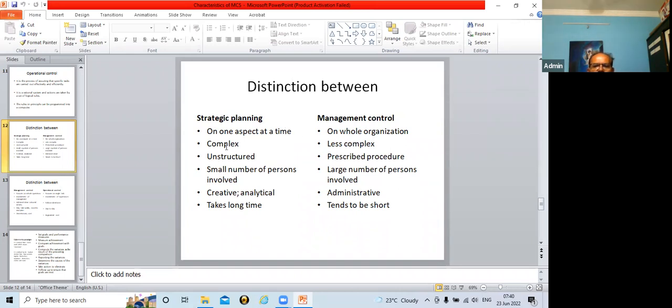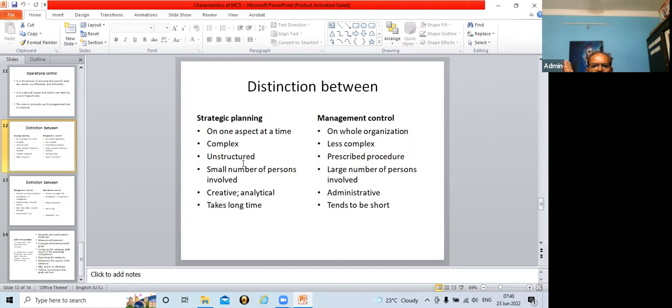Third difference: strategic planning is unstructured. There is no specific way for strategic planning, that is why it is unstructured, whereas management control prescribes procedure. The procedure is defined and followed in management control.